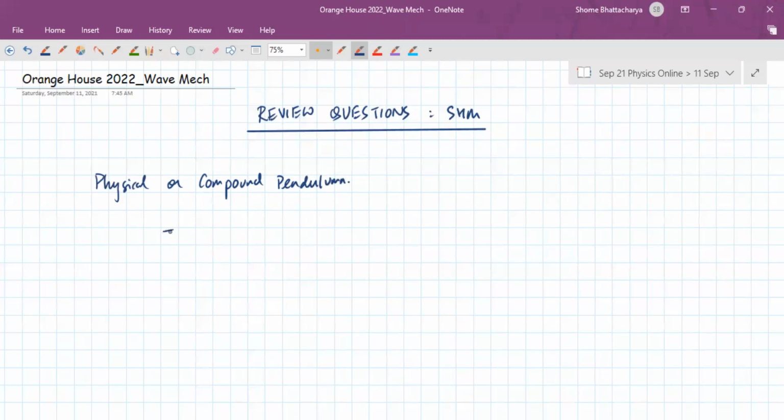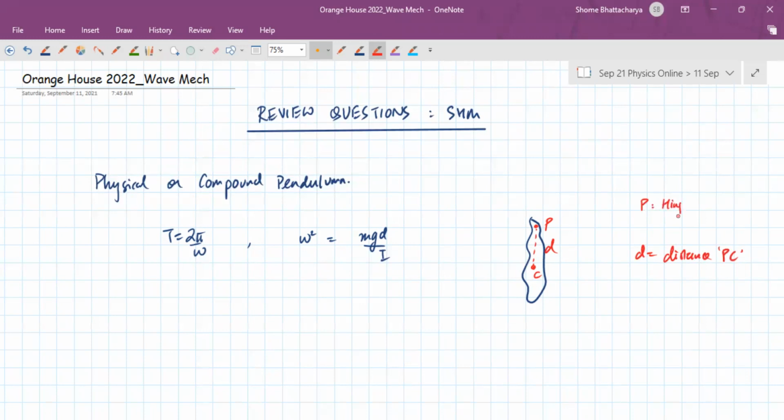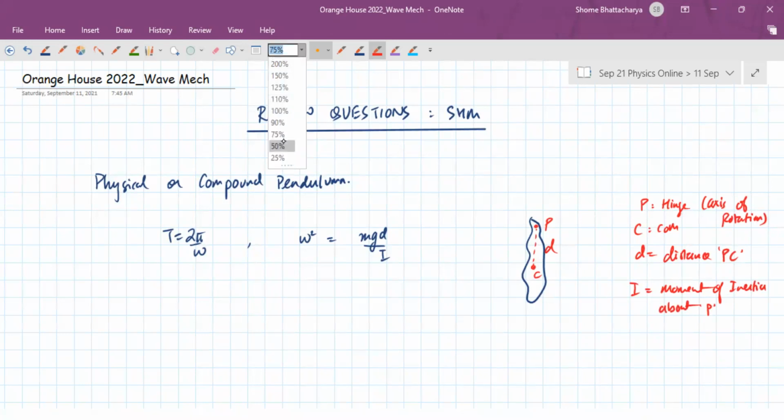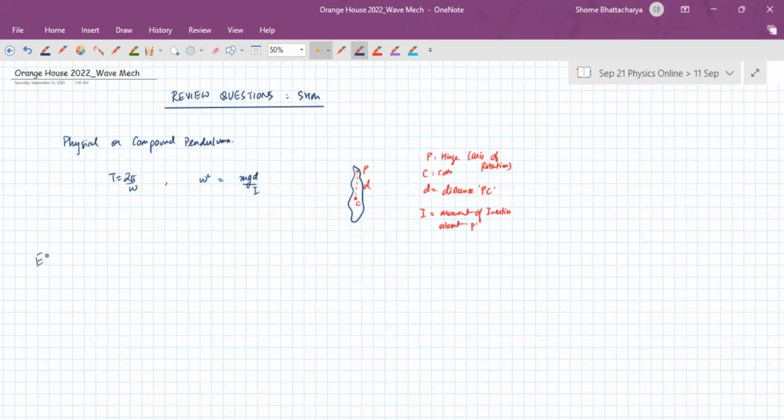We had seen the formula for time period, where the pendulum is a rigid body suspended from a point like this, its center of mass being here, then d is the distance PC, where P is the hinge or the axis of rotation, and C is of course the center of mass, and I is the moment of inertia about the point P. So let's begin with an example based on the calculation of this time period and the formula.